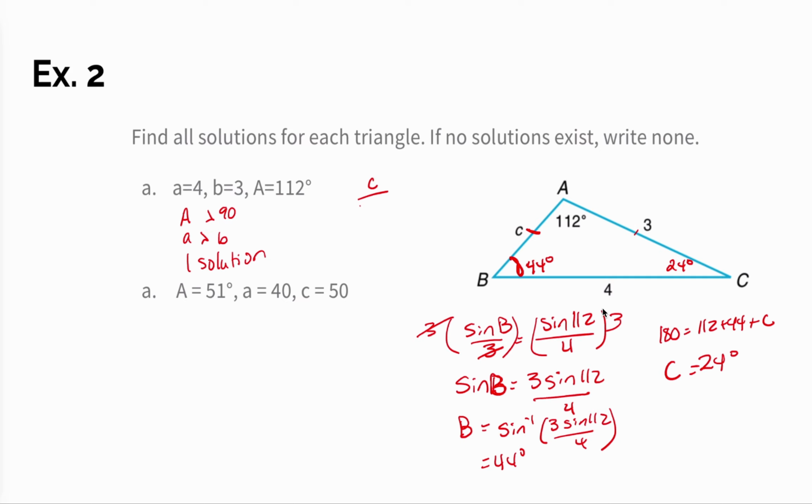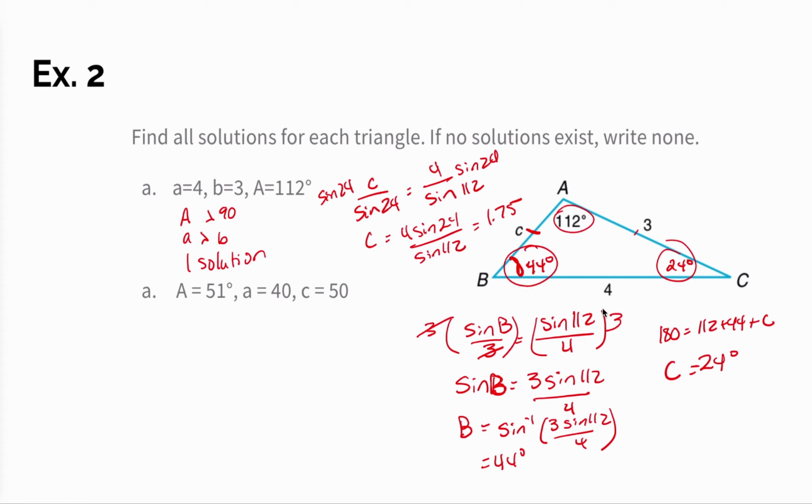So C over sine of 24 equals 4 over sine 112, multiply by sine 24 on both sides. We're going to get that C equals 4 sine 24 over sine 112, which is 1.75. And there it is. There was one solution. We have solved the triangle. We've got all three angles and all three sides.